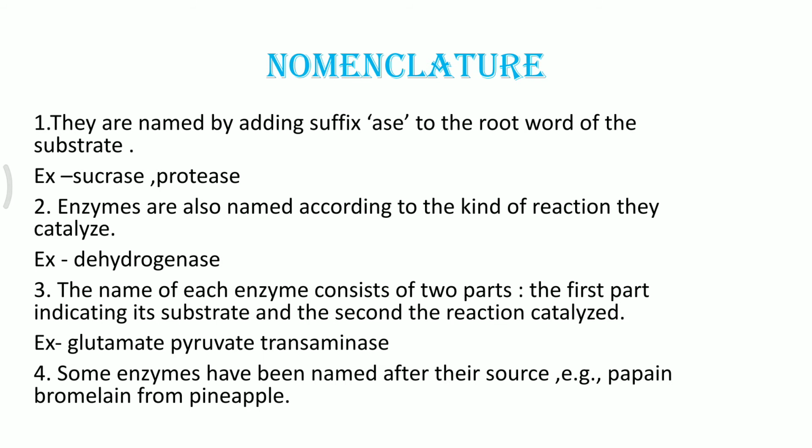One more technique is that some enzymes have been named after their sources. Papain can be extracted from papaya, and bromelain can be extracted from another kind of plant, which is pineapple, Ananas comosus.